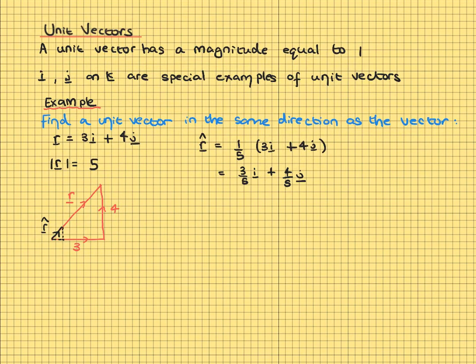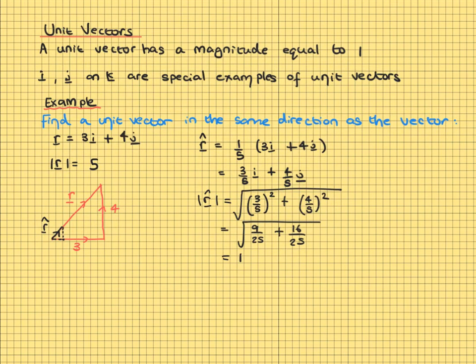Now let's just double check. If we work out the magnitude of r hat, that's going to be 3/5 squared plus 4/5 squared, square rooted. So that is the square root of 9/25 plus 16/25, which you can work out to be equal to 1.